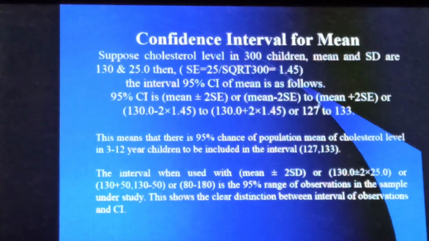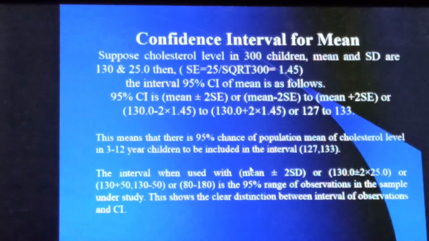How do we interpret that? This means that there is a 95% chance of the population mean of cholesterol level being included in the interval 127 to 133. The population mean estimate is 130 and the range is 127 to 133 in 95% of the cases.